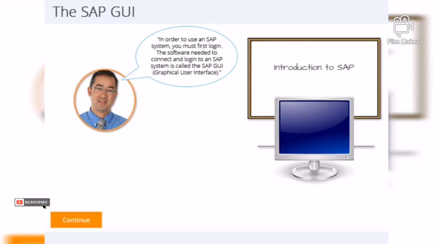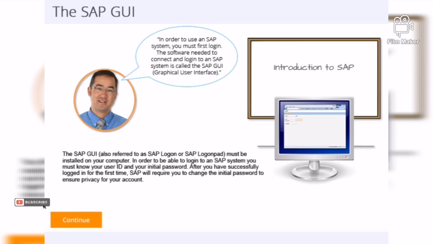In order to use an SAP system, you must first log in. The software needed to connect and log in to an SAP system is called SAP GUI, Graphical User Interface.